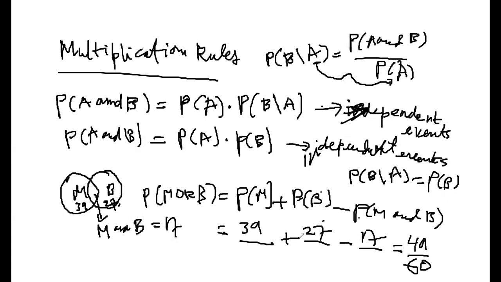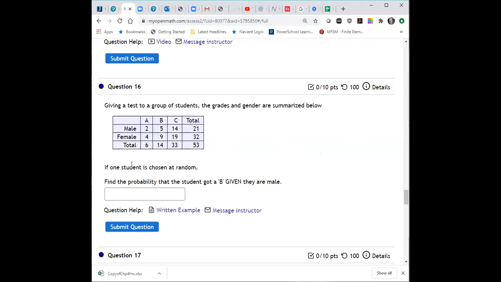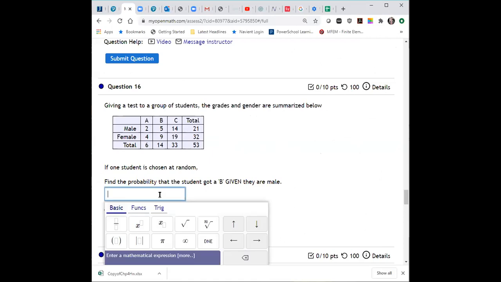Let's go back to the problem here. If looking for the probability of getting B given that they are male, so you're looking for the probability of B and male, right?